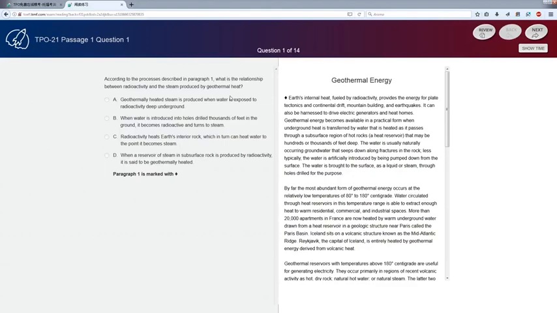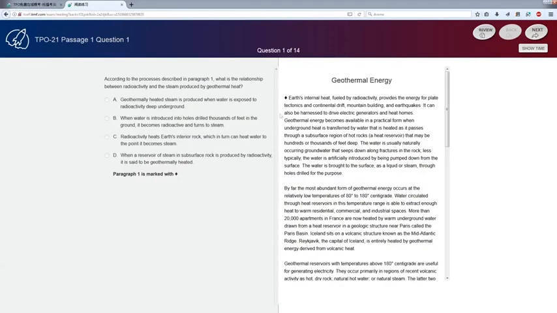The next step is to figure out where the keywords are in the paragraph. It says first paragraph. I go to the first paragraph and I look for radioactivity and the steam produced by geothermal heat. Alright, it's there. Radioactivity, okay? And the second keyword is the geothermal heat, the steam produced by geothermal heat.